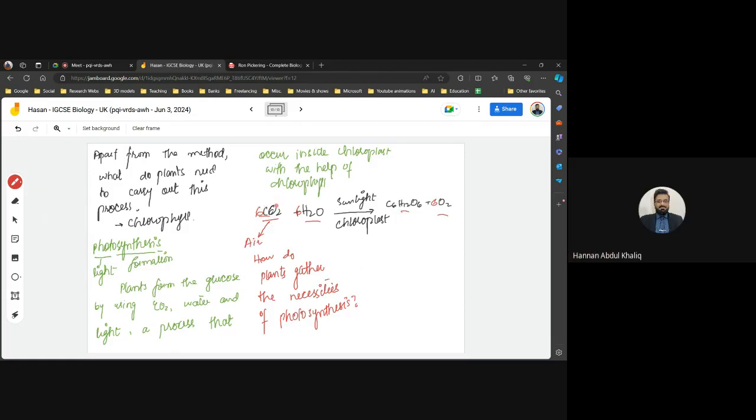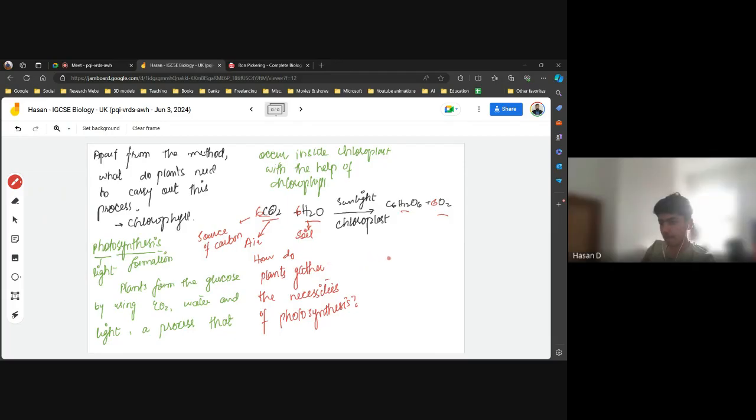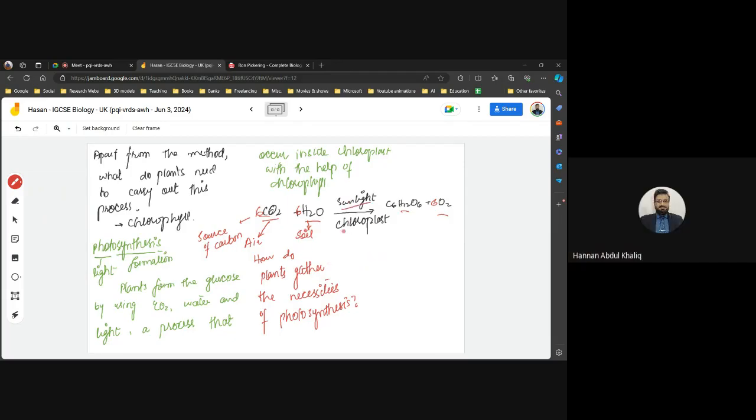And why do they need carbon dioxide? Remember, it's a source of carbon. Then water. How do they get the water? From the soil. Yes. Sunlight, obviously, from the sun. Chloroplast.